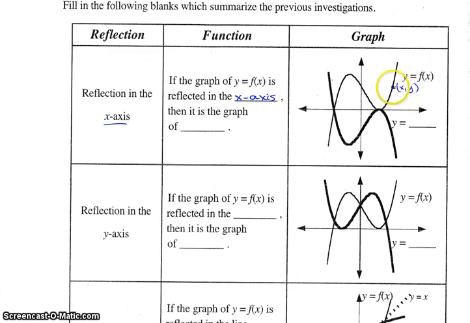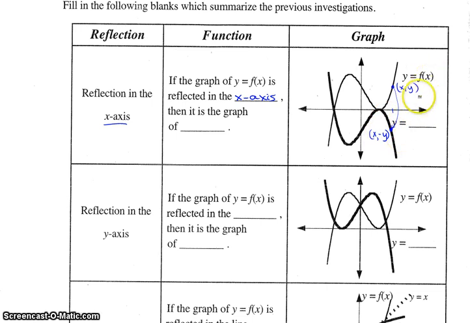Now, if that point is reflected in the x-axis, it's going to go somewhere down here, right? Now, what would change as far as a coordinate? Would the x value change or would the y value change? Well, the y value would become exactly the opposite, so negative.